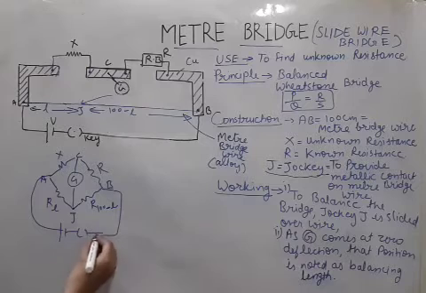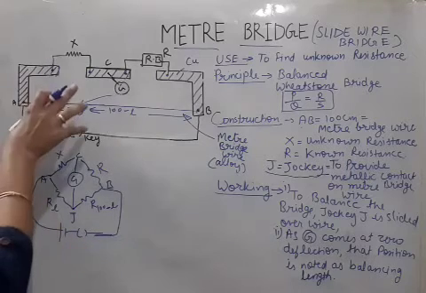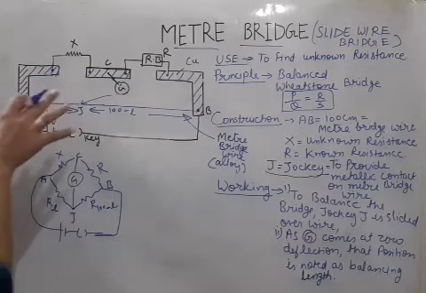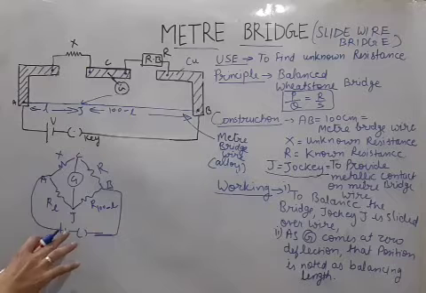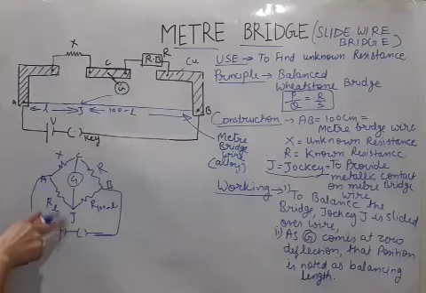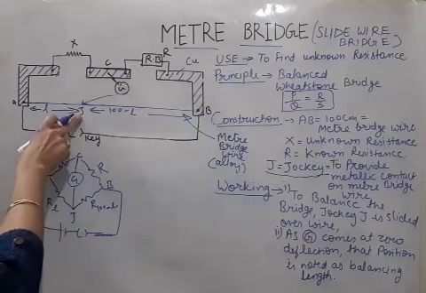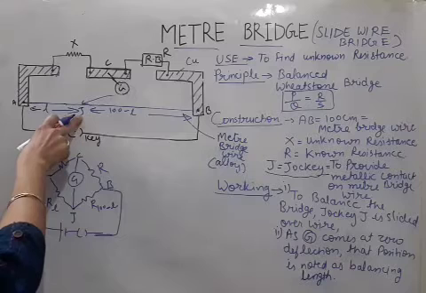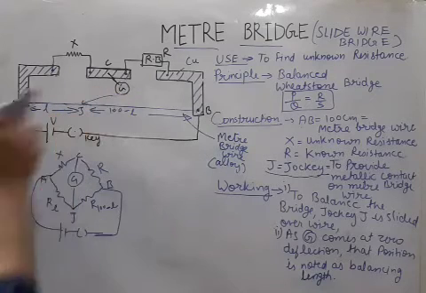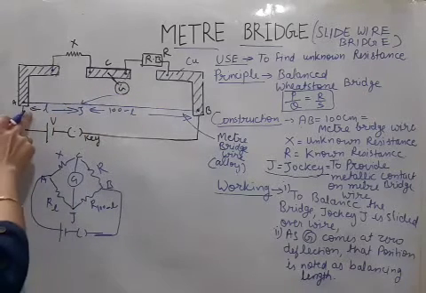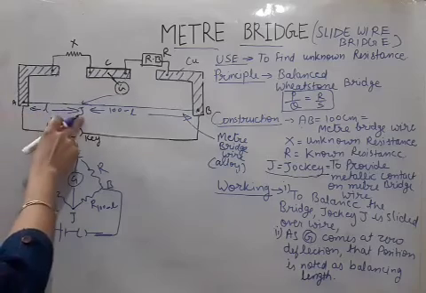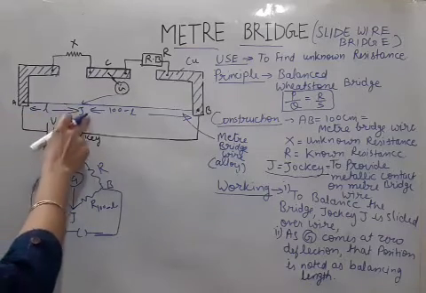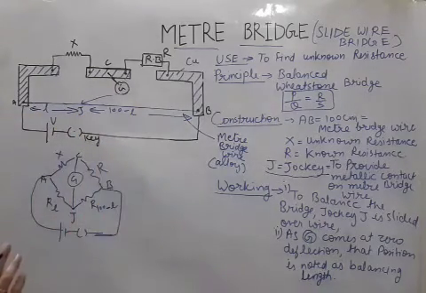So this way you can see that we have represented this meter bridge as a Wheatstone bridge, and this bridge is balanced because while noting this J position we ensured that the galvanometer was at 0. Like if this position is 30 centimeter, then the remaining position is 70 centimeter.